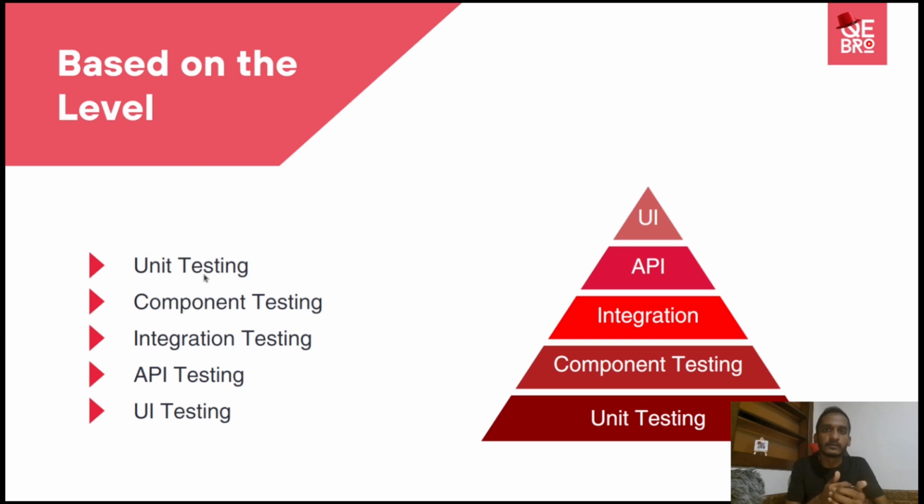Then from the UI, what you need to test is the UI components and only those things, like the styles or how the UI behaves, and the different messages or things shown at the UI level. So that's why we need to follow the test pyramid when you design the test cases. Always remember, the bottom items on the pyramid are very stable.